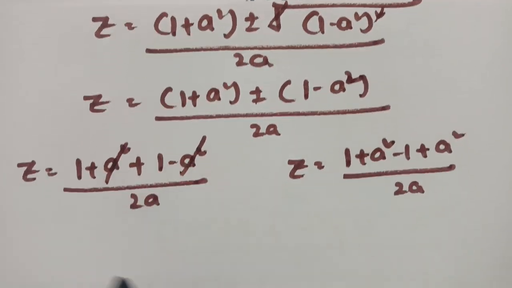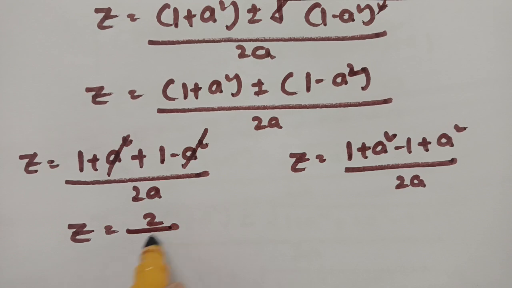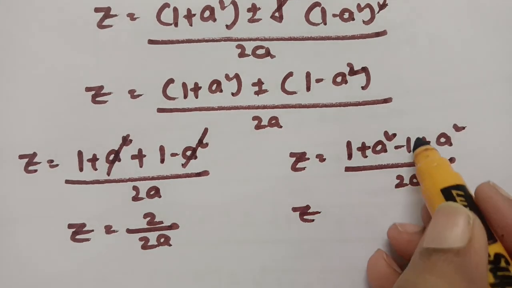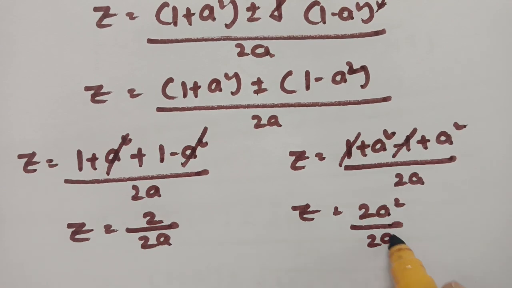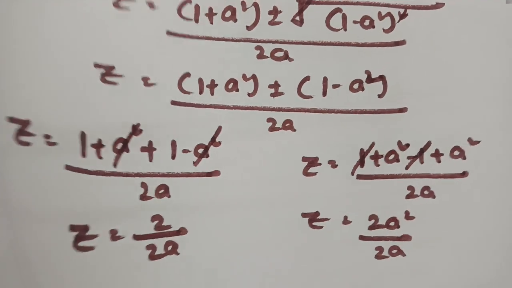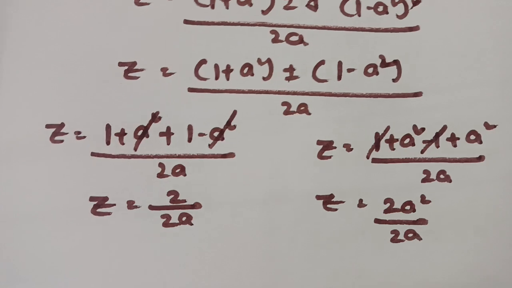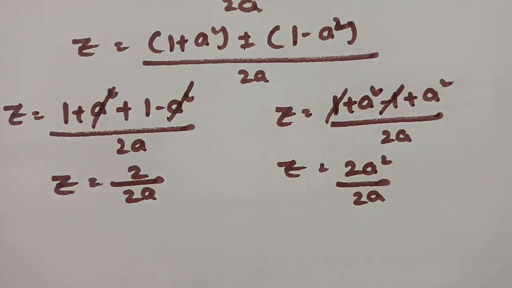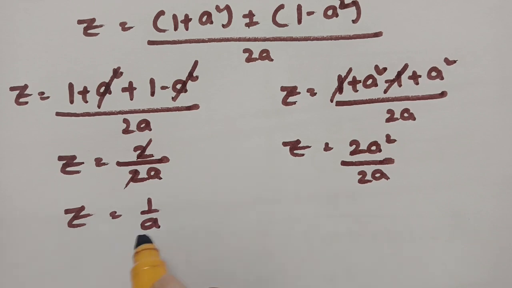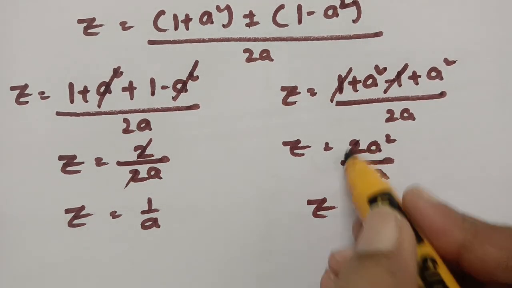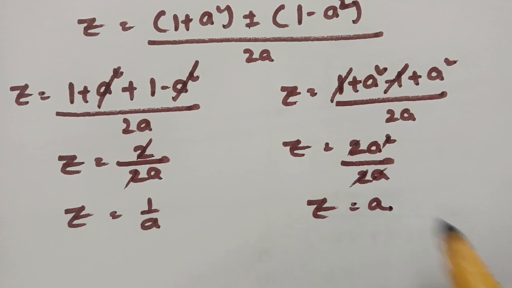Now I can cancel these, and z value is equal to 2 by 2a, and if I cancel minus 1 and plus 1, z value is 2a square by 2a. Got it? If I cancel these, the pole value here is 1 by a, and z is equal to a here.